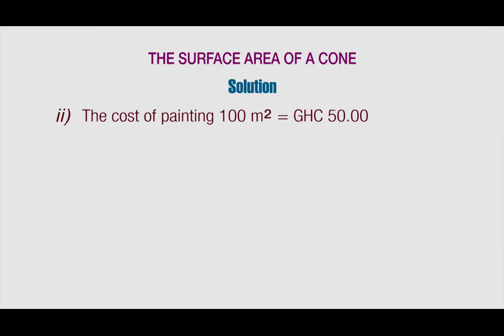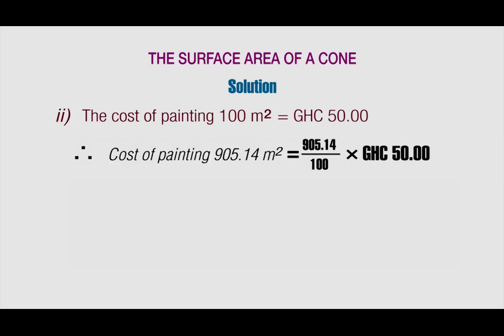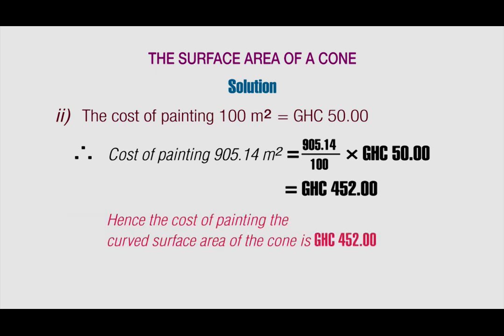Therefore, the cost of painting 905.14 meters squared, if you do our simple proportion, would be 905.14 divided by 100 multiplied by 50 cedis. And when we simplify, we are going to get 452 cedis. Hence, the cost of painting the curved surface area is 452 cedis. That was great.